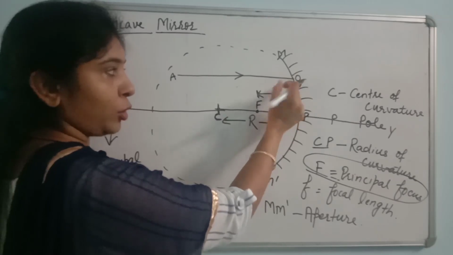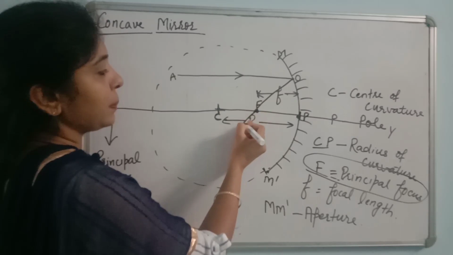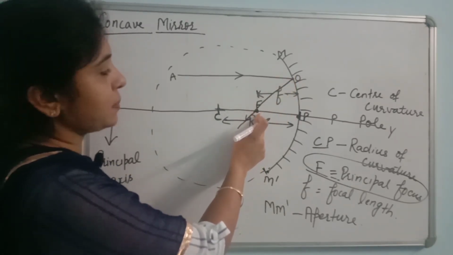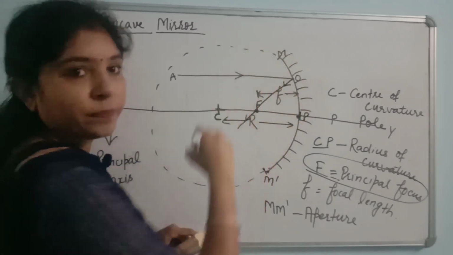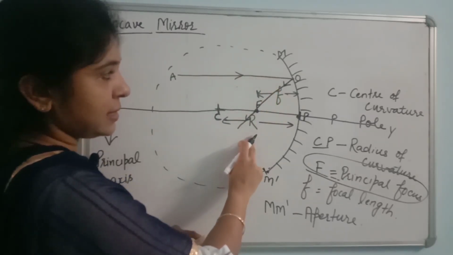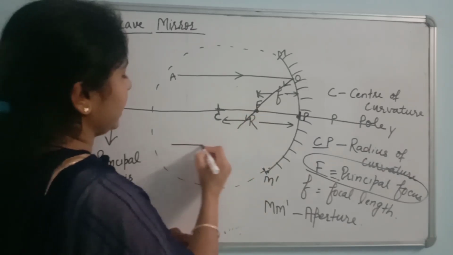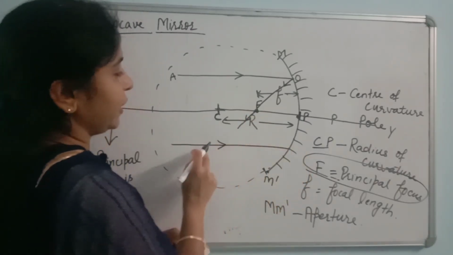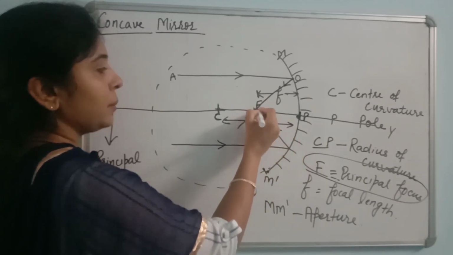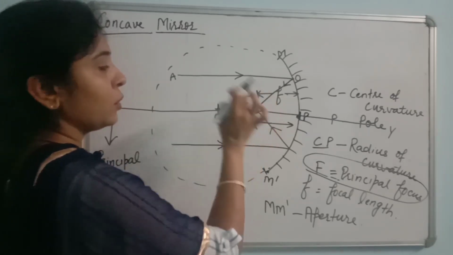After reflecting from the mirror it will always pass from this principal focus. So if any light ray is coming parallel to the principal axis, after reflection it will always meet at the principal focus, from any direction.